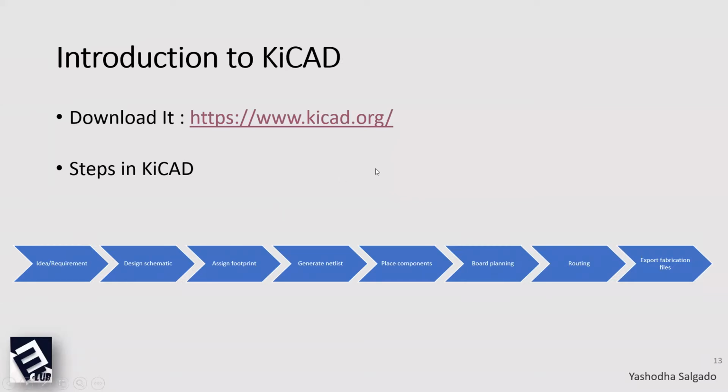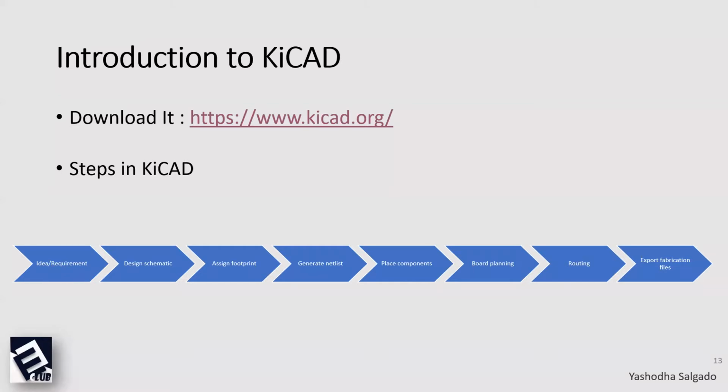These are some steps with KiCAD. If you want to design a PCB, there are several steps to be followed. Here, I depicted some steps. First one is we have to identify what our requirement is. What are the components we need? What power supply are we going to use, and what is the output?